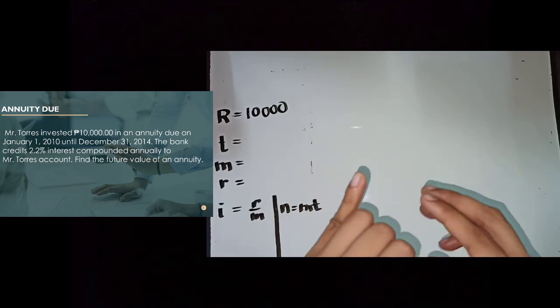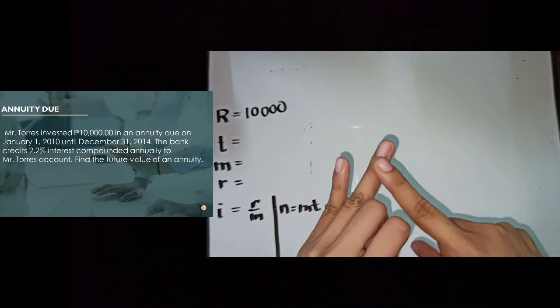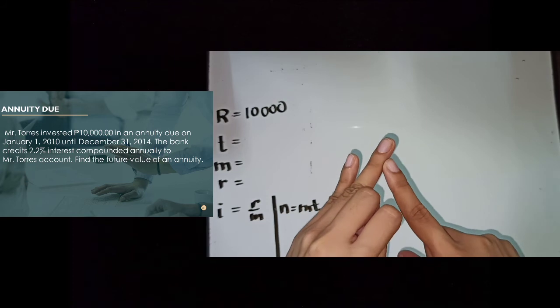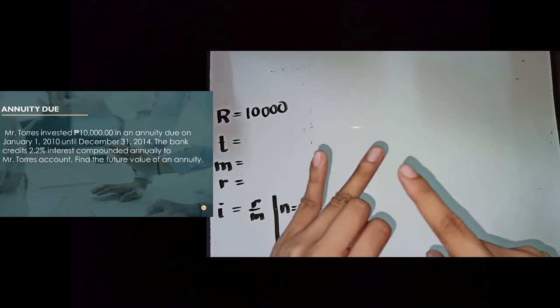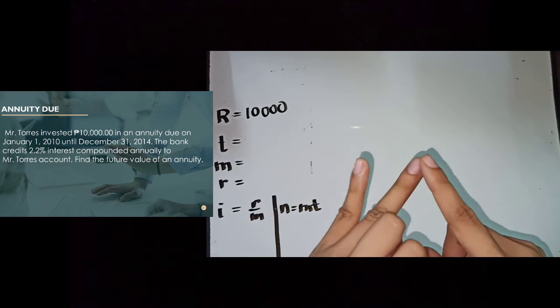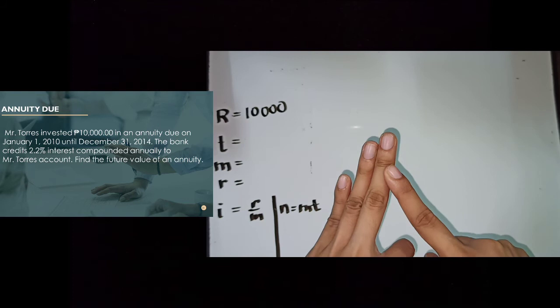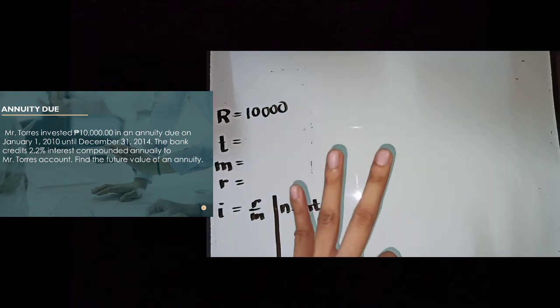So magbabayad ka for that year ng January 1, 2010. January 1, 2011, yun yung second payment mo for the second term. January 1, 2012, yun yung third payment mo.